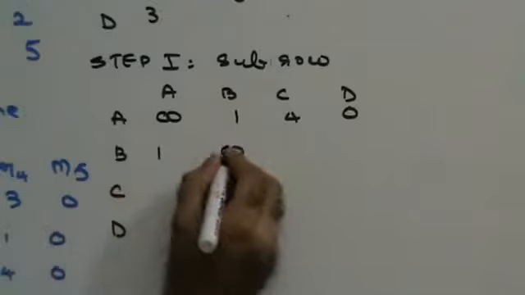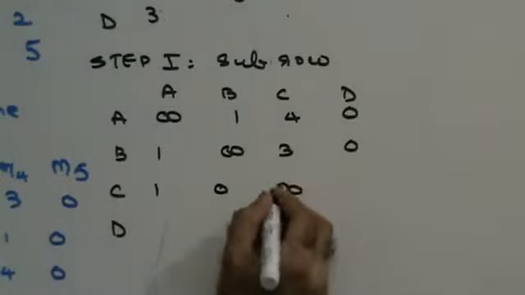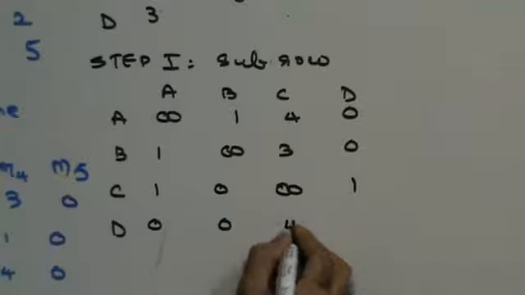Smallest element in the row is 3. So 1, infinity, 3, 0. Smallest element in the row is 6. So 1, 0, infinity, 1. Smallest element is 3. So 0, 0, 4, infinity.